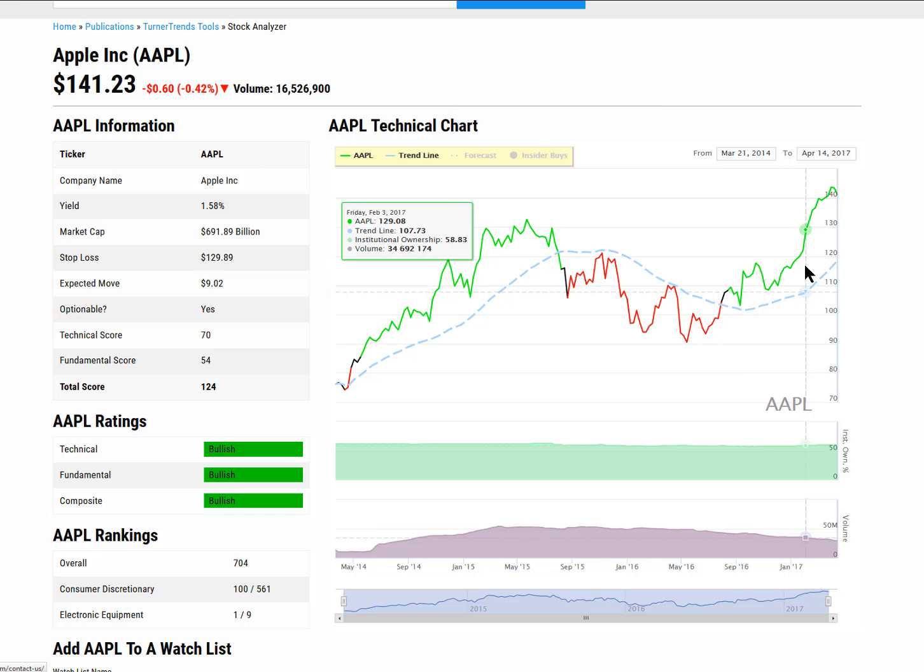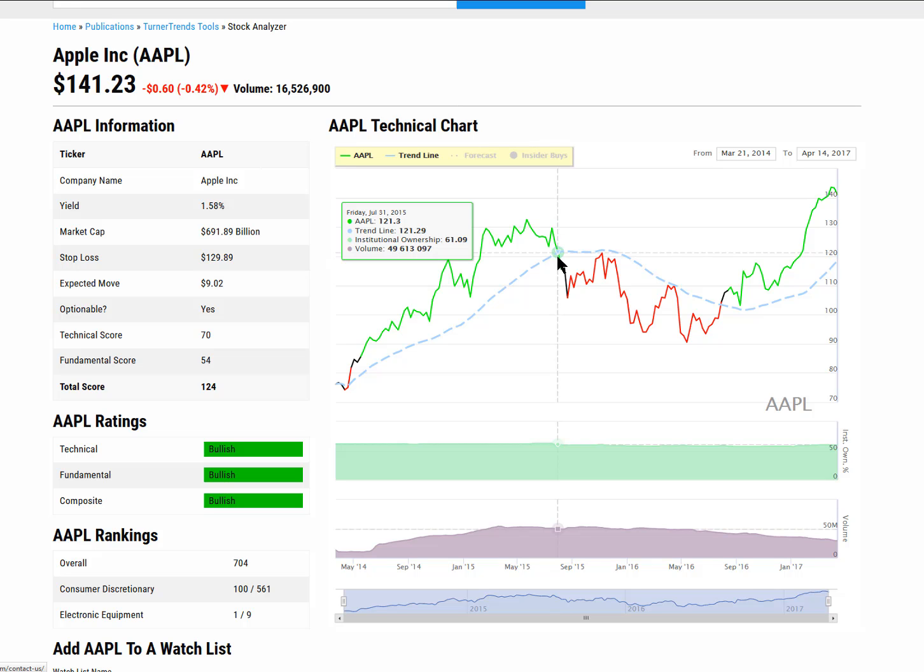The purpose of the stop loss is to give you a point where you can know that it's a good idea to exit the trade if the trend has reversed. For example, here Apple went up nicely, rolled over, moved down low enough, and gave a stop out right about there.